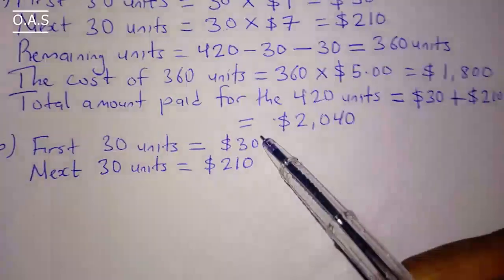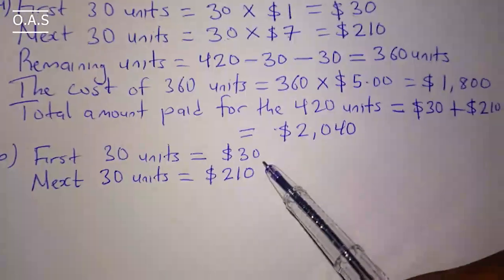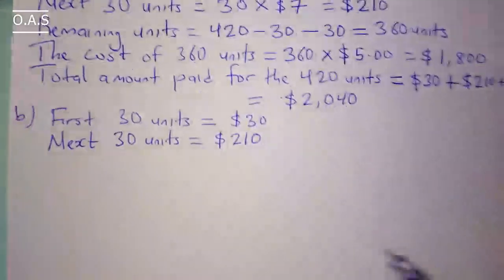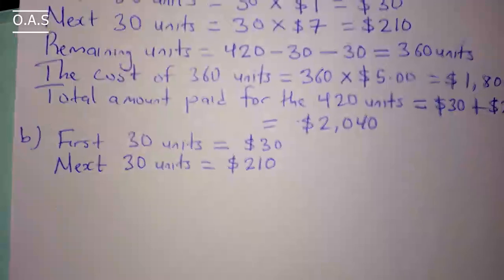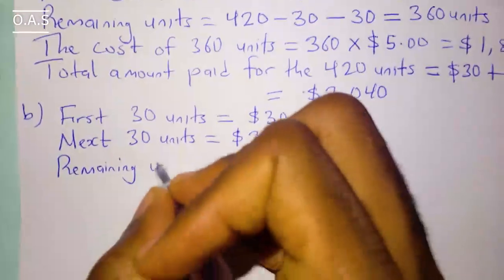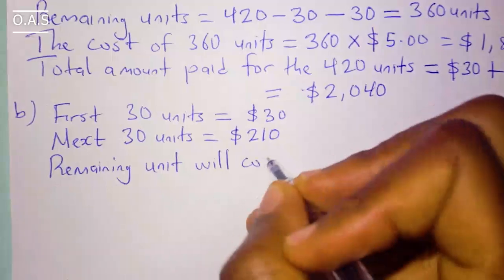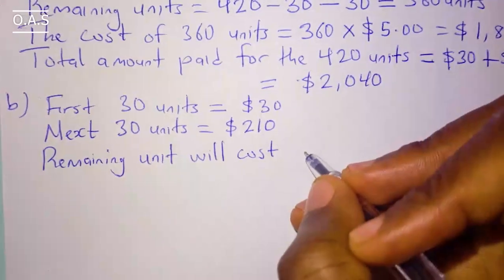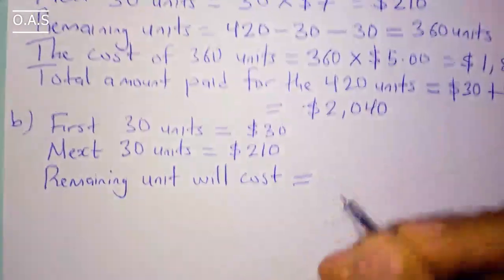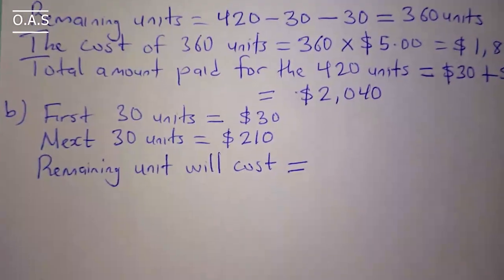two, will amount to $240. It means the remaining units will cost, don't mind my English, that does not really make sense, but don't worry about that.